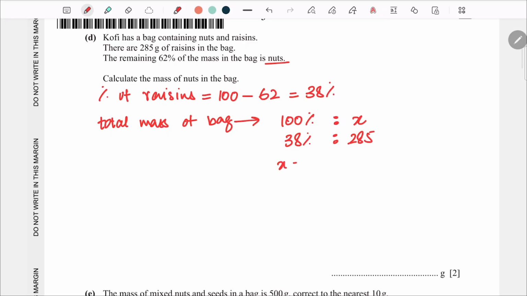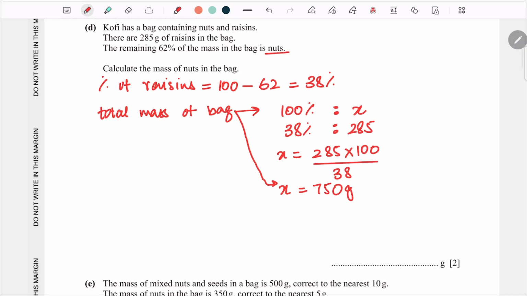So X is going to be equal to 285 multiplied by 100 divided by 38, and this is going to give me 750 grams, and this is the total mass of the bag.